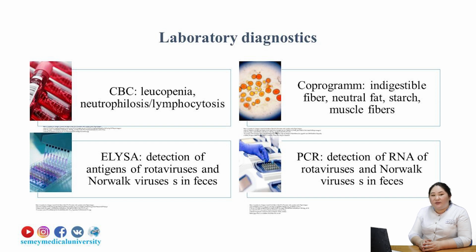Serologically, we mostly use ELISA, detecting antigens of viruses in the feces, and among molecular genetic methods we use PCR to look for the genome of viruses, RNA or DNA, in the feces.